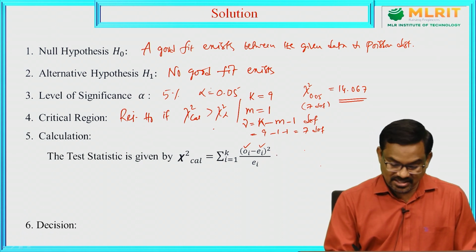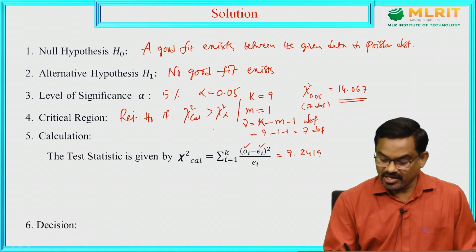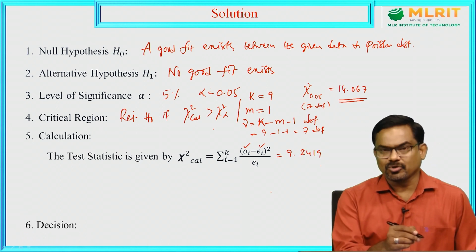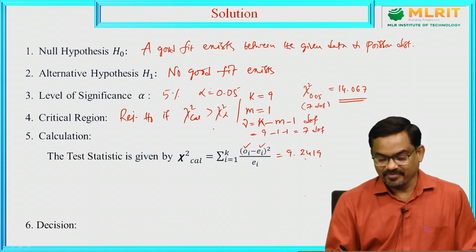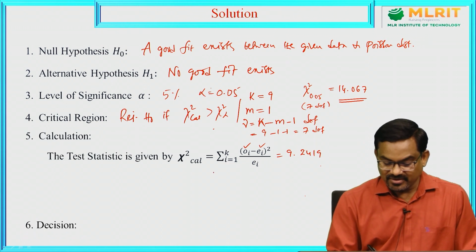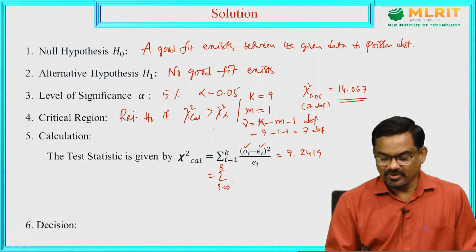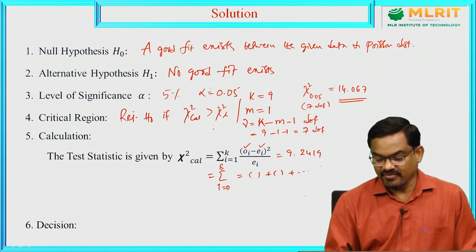This results in 9.2419. You can substitute all the values for each i equal to 1, 2, 3 and so on up to k. Here i equals 0 to 8, a total of 9 values are given, so you can find this summation as the sum of 9 values, which results in 9.2419.